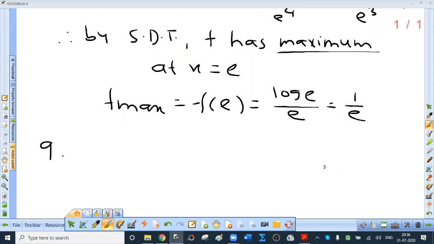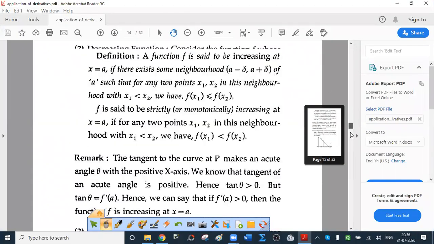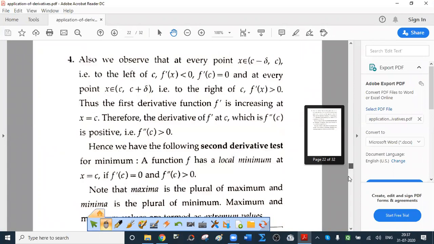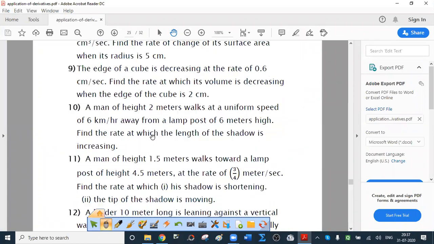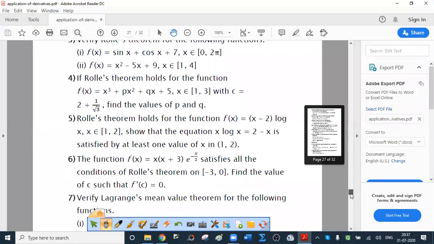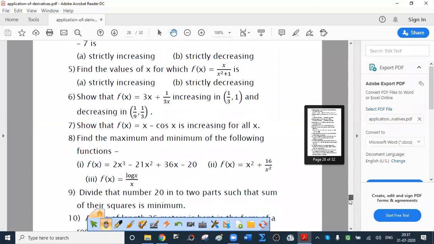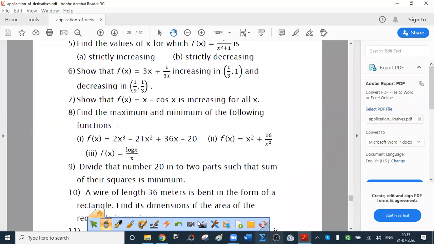Sum number 9. Just let me check whether it is sum number 9 only or not. Yes, right.